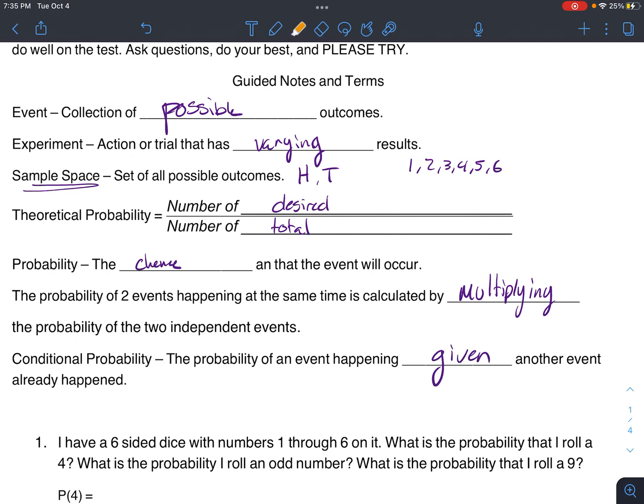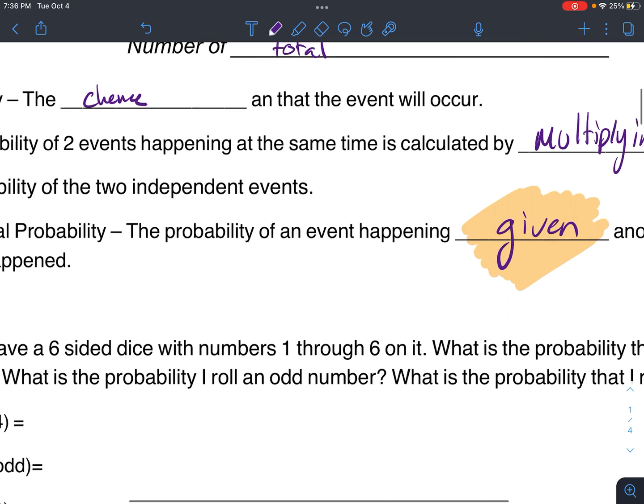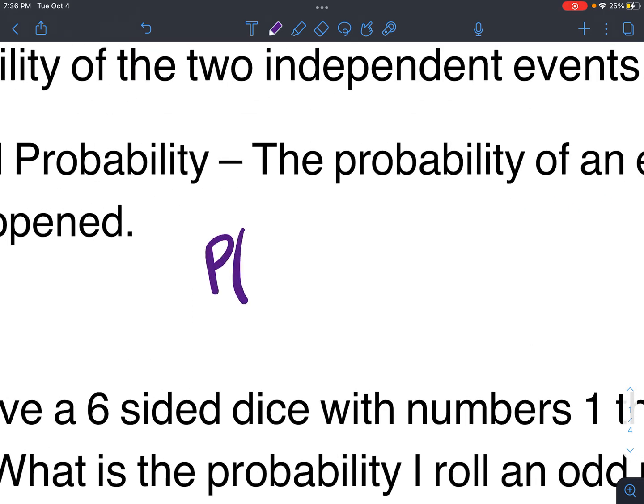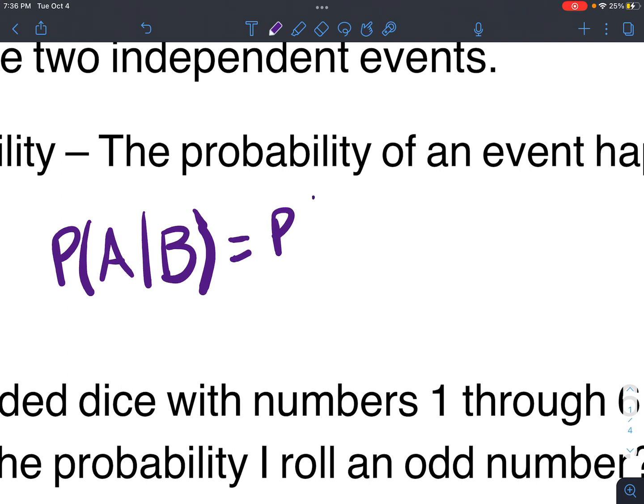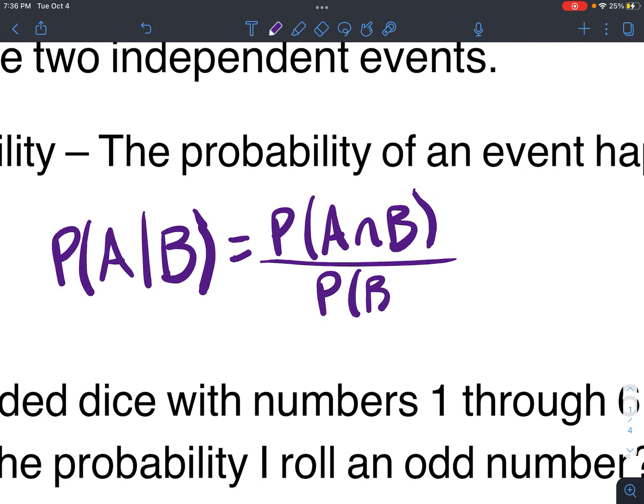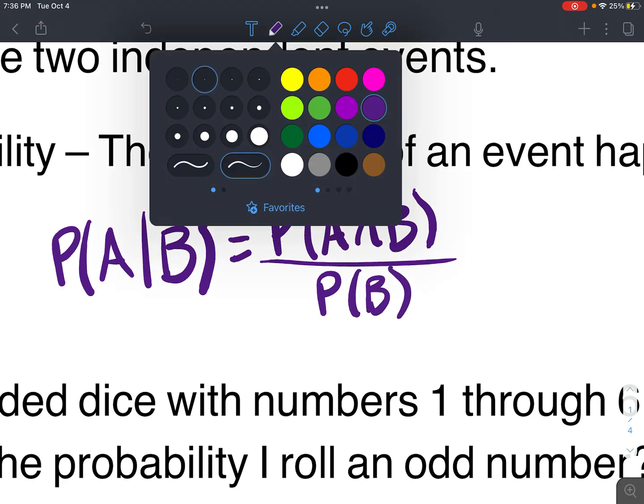And this is something that's very, very important. If you ever see "given" inside of a question, you know that you're going to use this formula. I don't think I write it anywhere else. So this is the probability of A given B, and this is equal to the probability of A and B over the probability of just B happening.